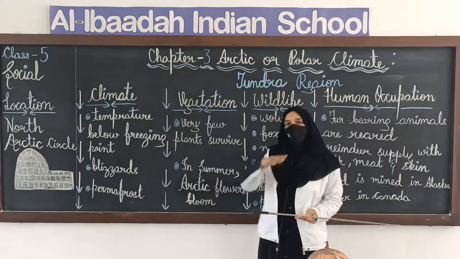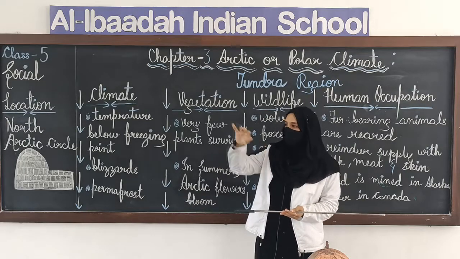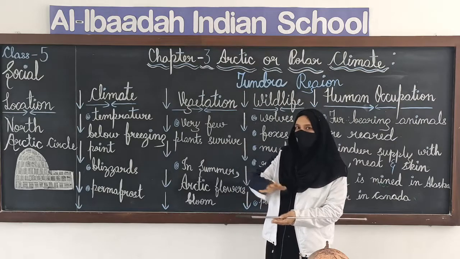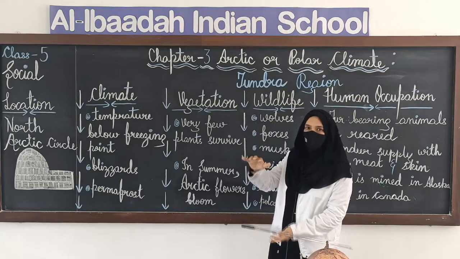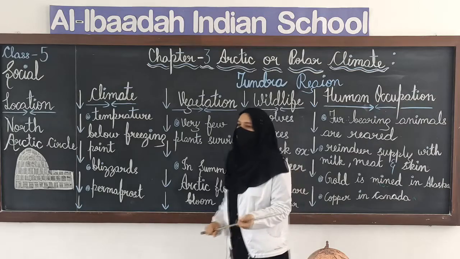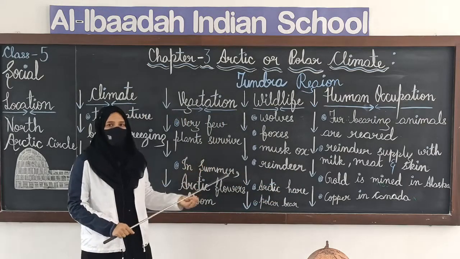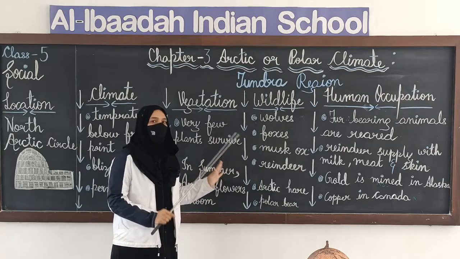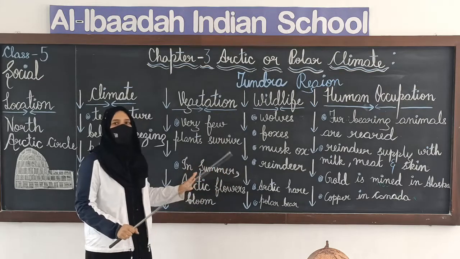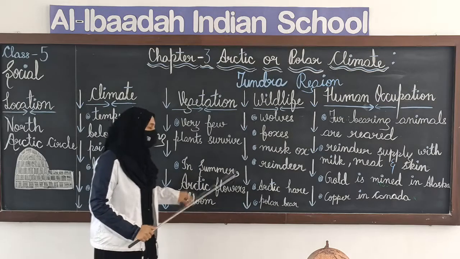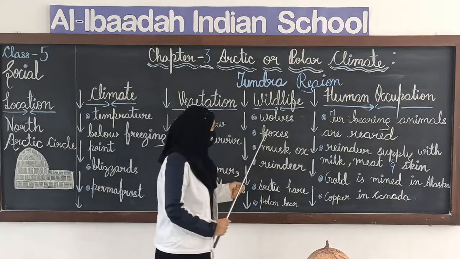Permafrost means they have soil, just as we have soil, and below the soil the subsoil is all ice, frost. The vegetation is very few, only the plants which can survive there. Not all sorts of vegetation can grow. And in the summer season we have Arctic flowers blooming.